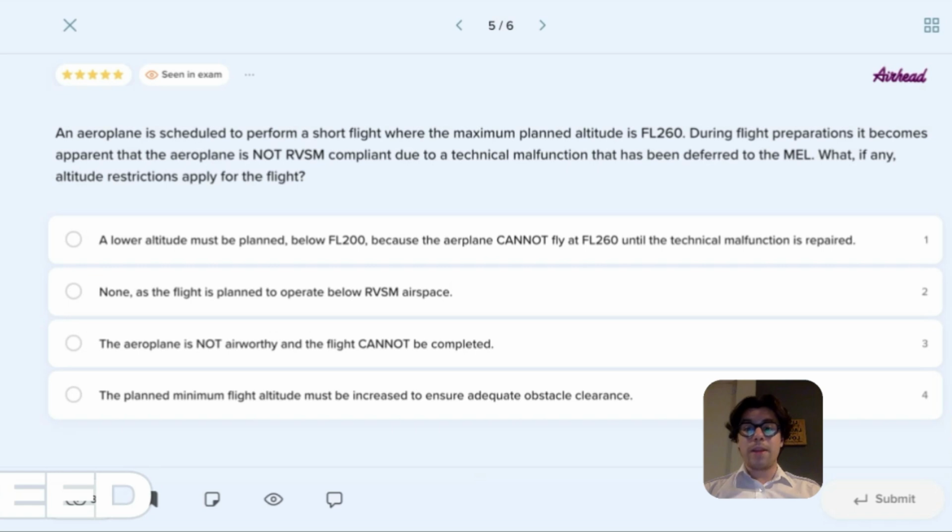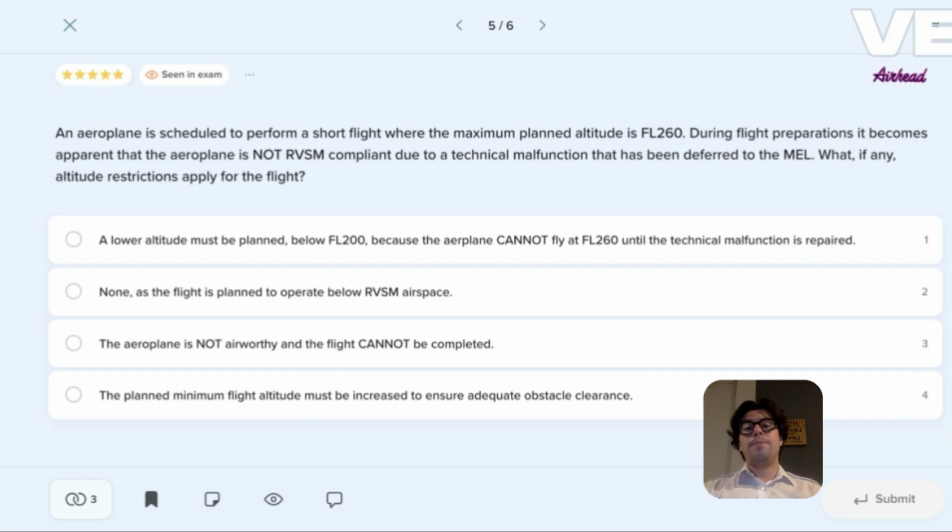If the airplane is not RVSM compliant, of course, it cannot fly in the reduced vertical separation minima airspace. Remember that the RVSM runs from flight level 290 to flight level 410. So in this case, the airplane will not operate in the RVSM airspace.